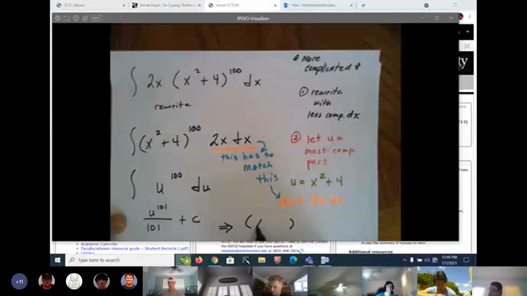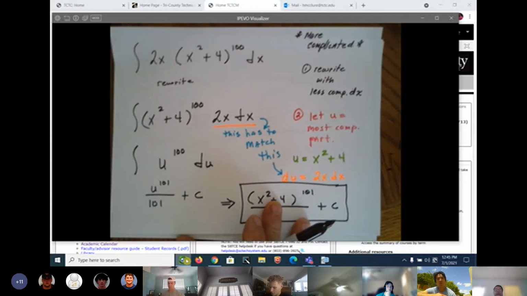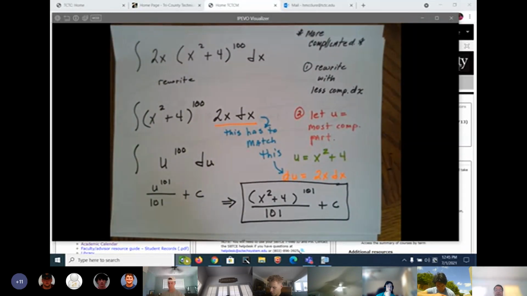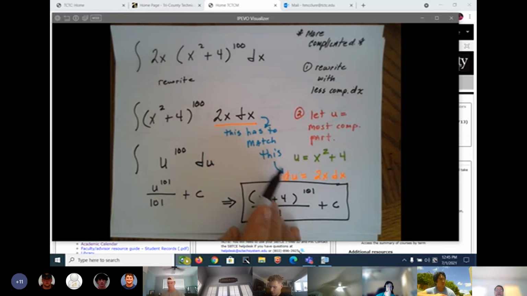Parentheses, x squared plus 4, to the 101 over 101 plus c. This is an example of substitution when the derivatives match up.